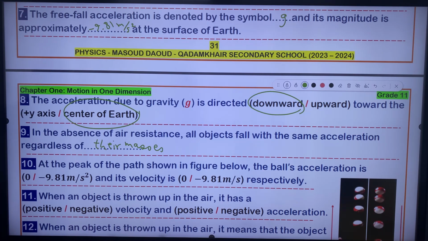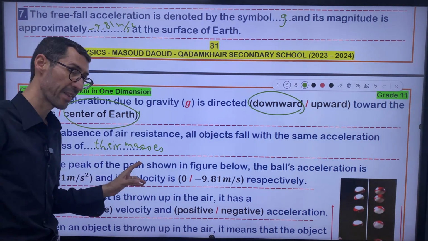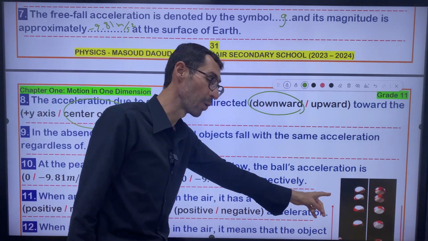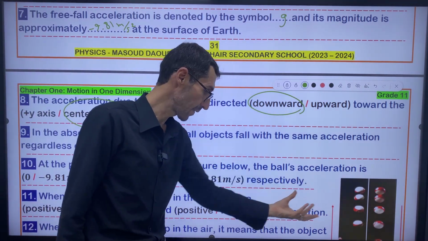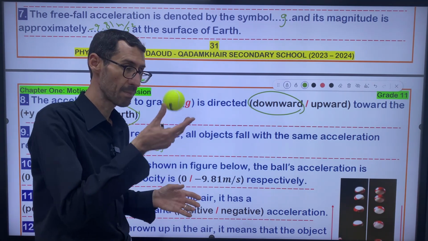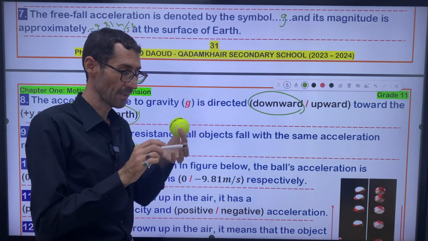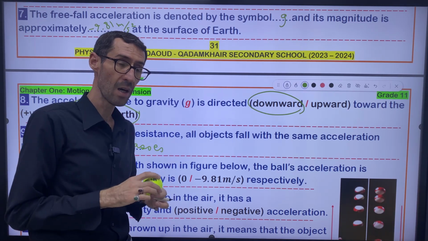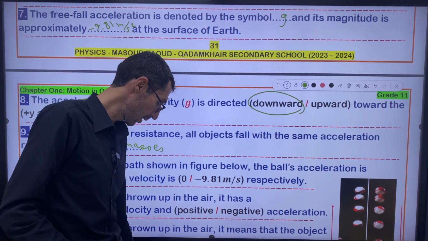Question number 10: At the peak of the path shown in the figure below, we have the same experiment that I did for you, whenever you throw the ball up and after that it moves down.